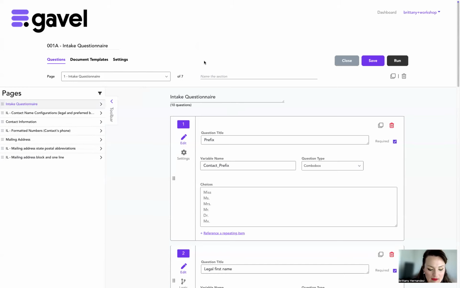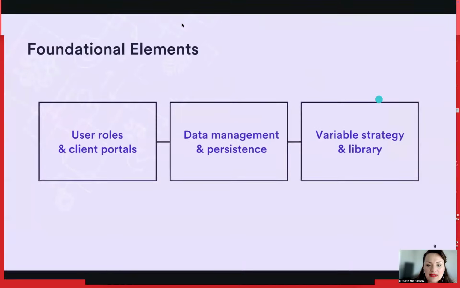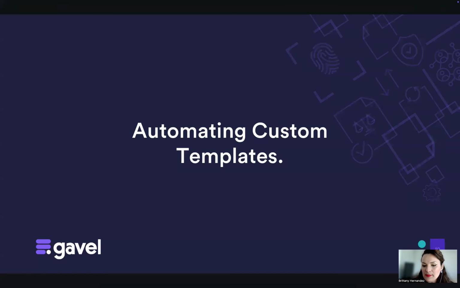Okay, so we only have about an hour left, and I want us to be able to spend some time in our accounts together. So we're going to go into this other piece around automating custom templates. Maybe we have a lot of forms that are pre-built that we can use, and we can go into that piece as well.